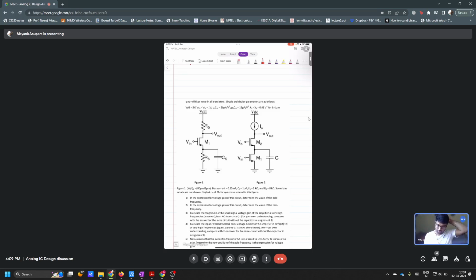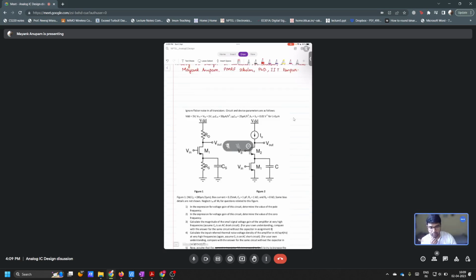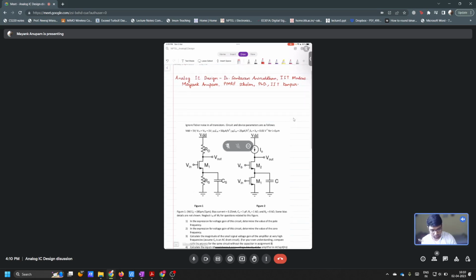There are plenty of solved examples in Razavi's book, and those solved examples are very good. If you solve them properly, that will help you understand the concepts much better, and then you can solve your questions.